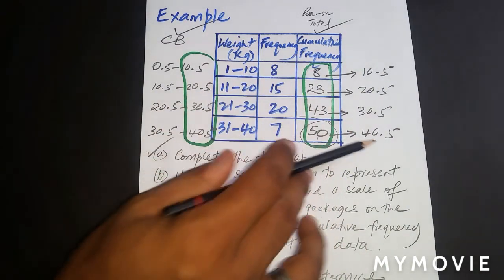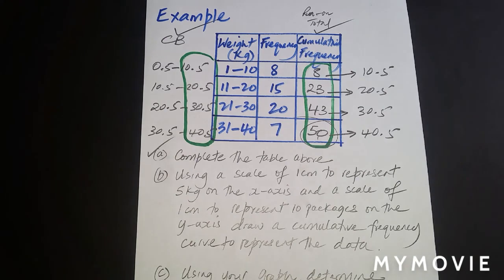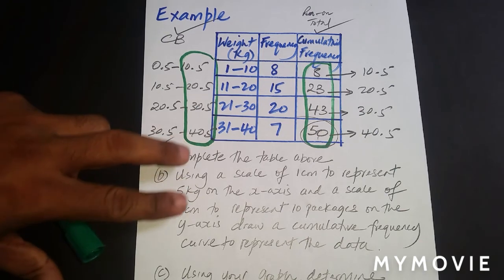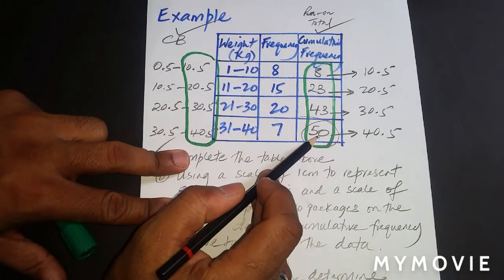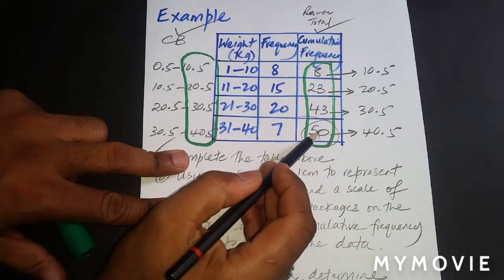So we're going to locate these values on the x-axis, but we have to remember that the curve must touch the horizontal axis. So what we know is that 50 packages or 50 of whatever items these are, right?